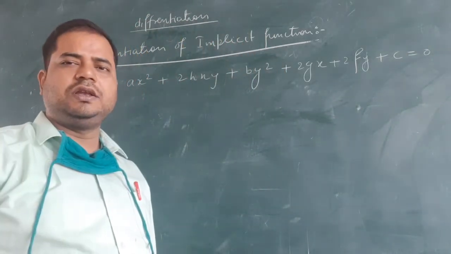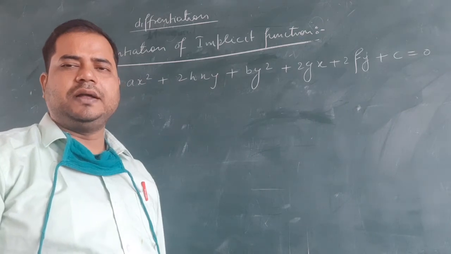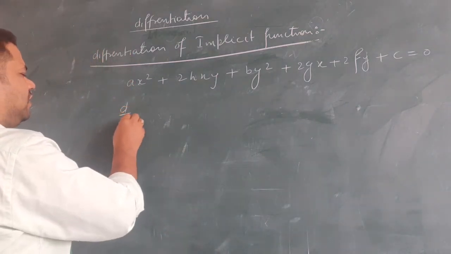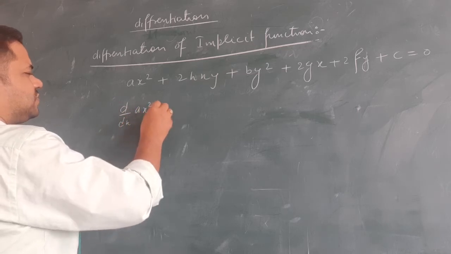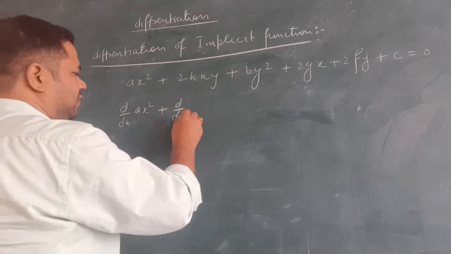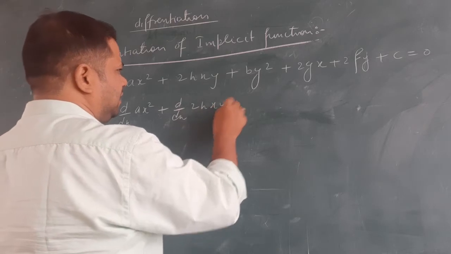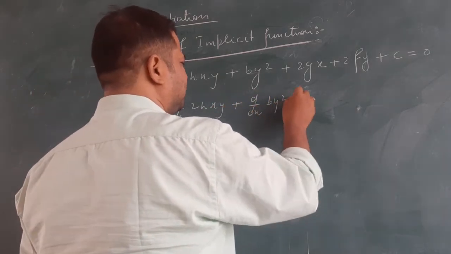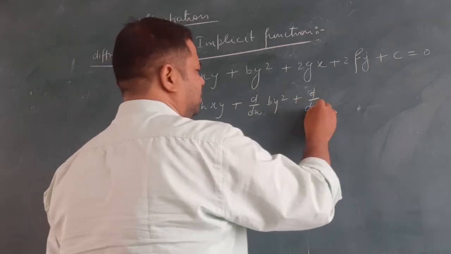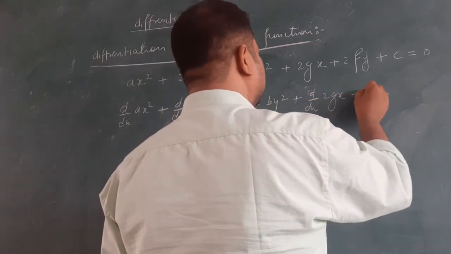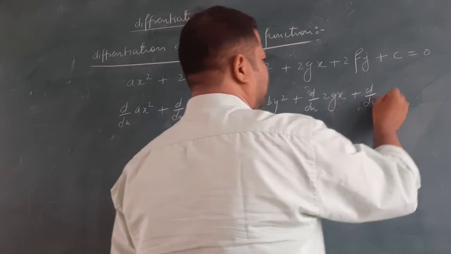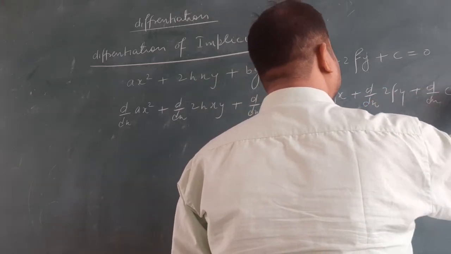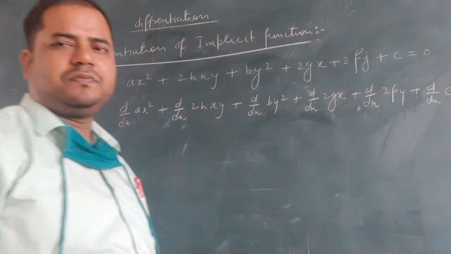For this function you need to find dy by dx. So d by dx of ax square plus d by dx of 2hxy plus d by dx of by square plus d by dx of 2gx plus d by dx of 2fy plus d by dx of c, this is equal to 0.